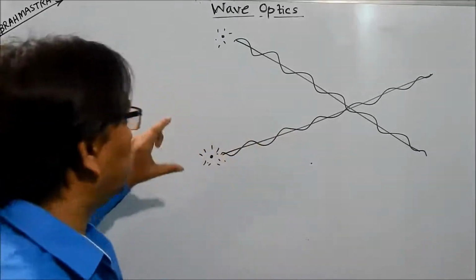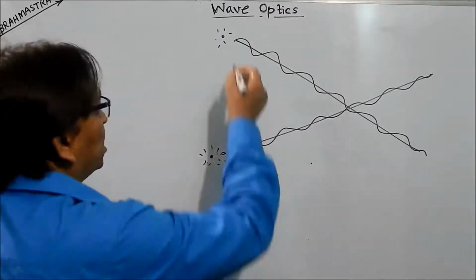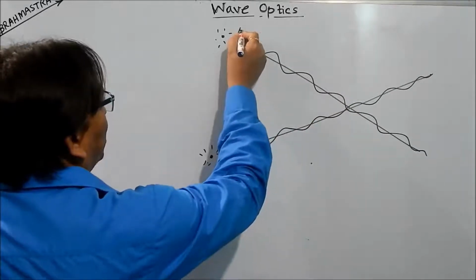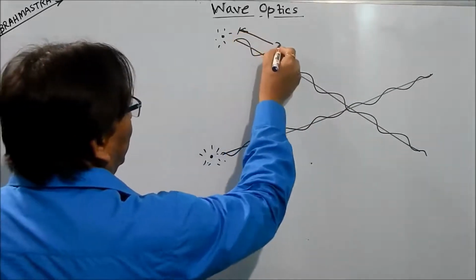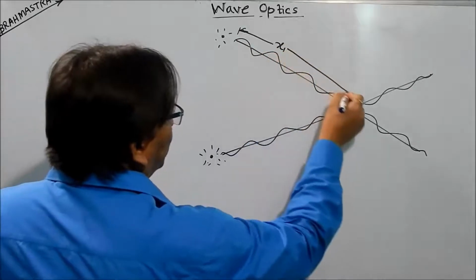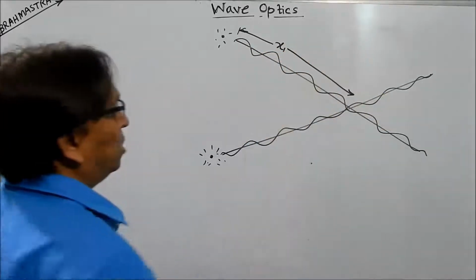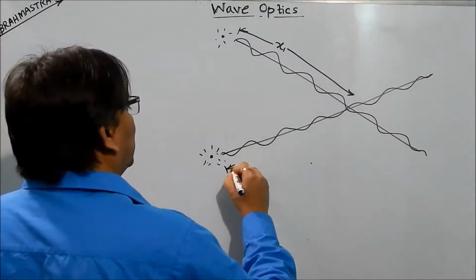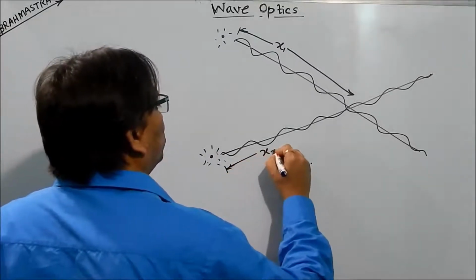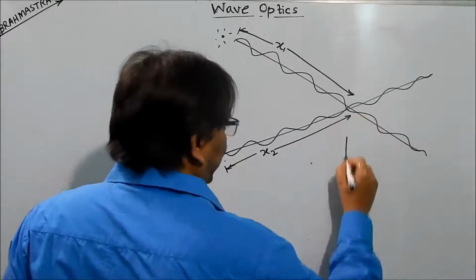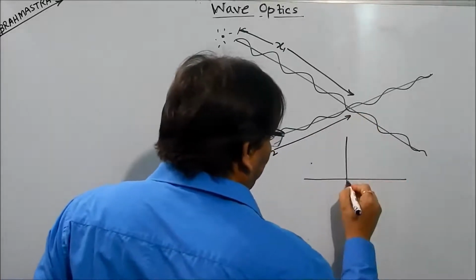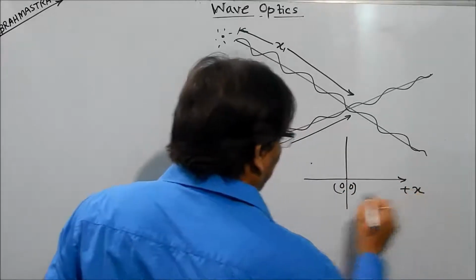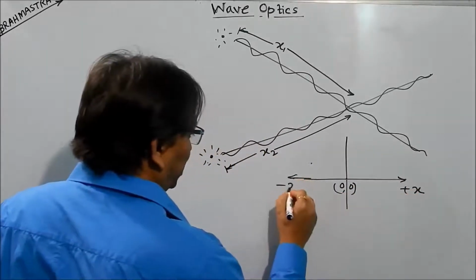So the wavelengths are the same, but the distance travelled by both waves is different. Say this wave has travelled a distance x1 and then it is superposed with another wave, and this wave has travelled a distance x2. If I take the origin here, this is the point (0, 0), this is my plus x-axis and this is the minus x-axis.